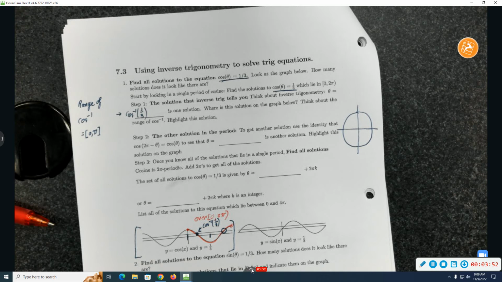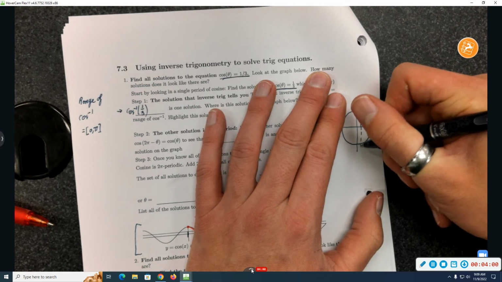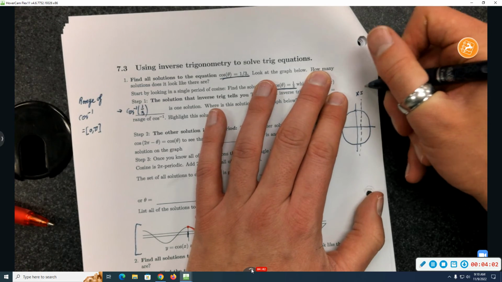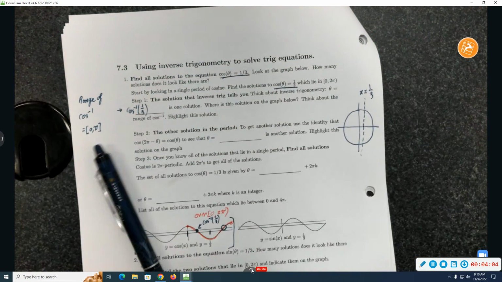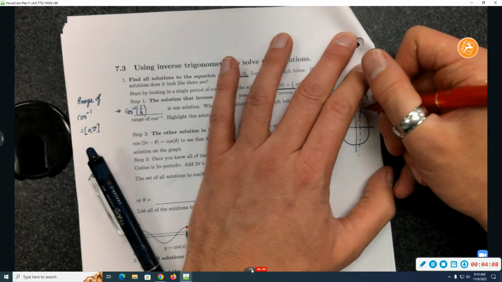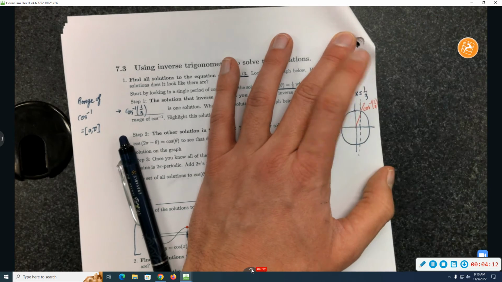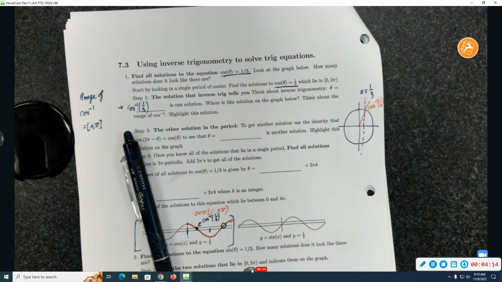The x-coordinate. So if we want cosine to be 1 third, that means we want x to be 1 third. And the angle we have so far is cosine inverse of 1 third. How do you get the other angle that has the same cosine?